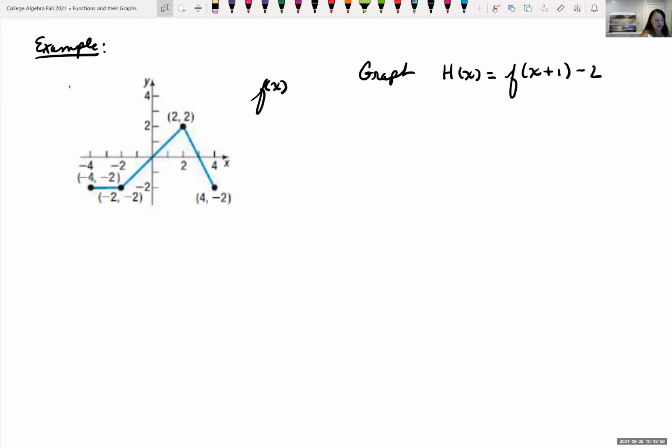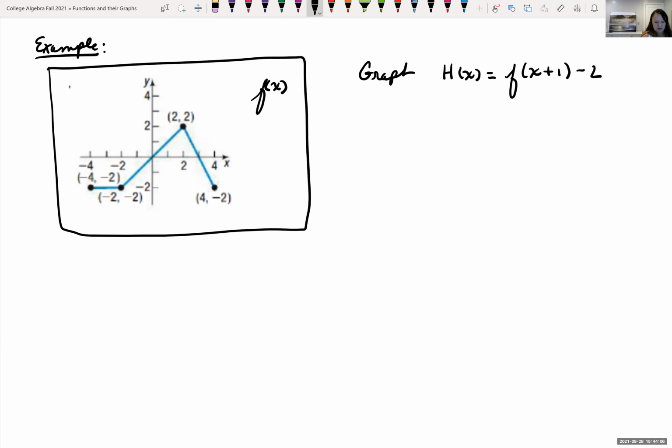So in the following example, we're given the graph of f of x. And we want to now graph h of x, which is this graph of f of x, but f of x plus 1 inside the parentheses, and outside the parentheses, we have a -2. So looking at this plus 1, it's inside, it's affecting my x value.